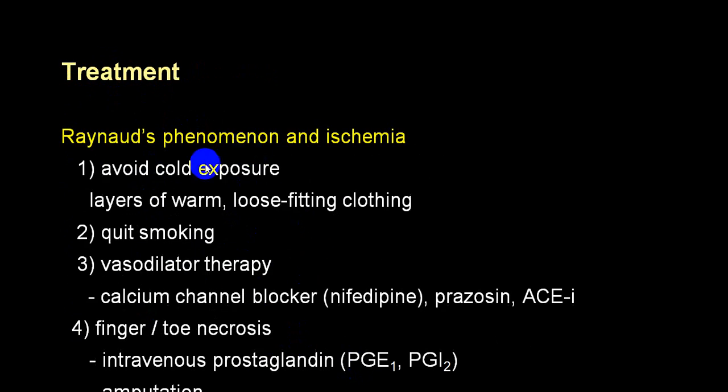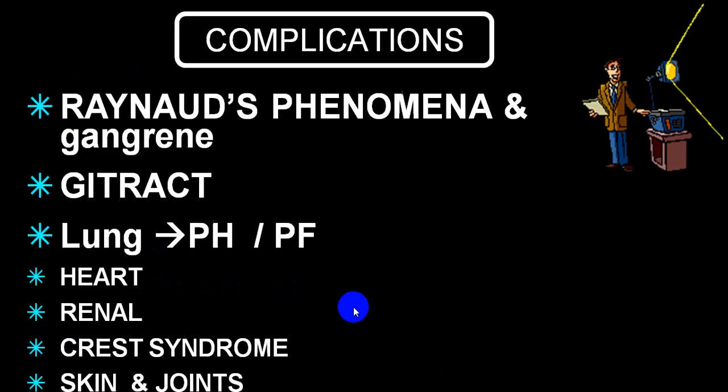Raynaud's phenomenon: avoid exposure to cold, quit smoking, vasodilator like CCB, particularly nifedipine, is a drug of choice. Complications, very frequently you will come across Raynaud's phenomenon and gangrene. GI tract involvement will decrease the GI motility leading to GERD, and later on it can end up with Barrett's esophagus.